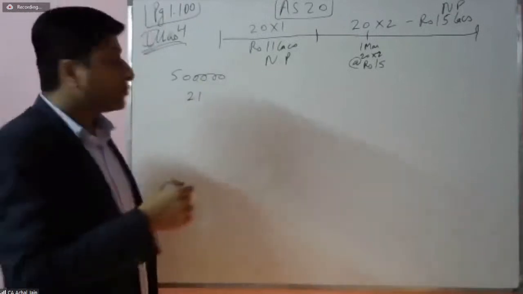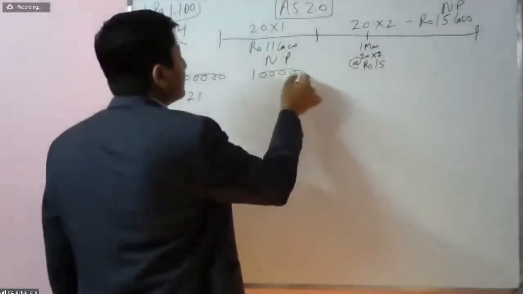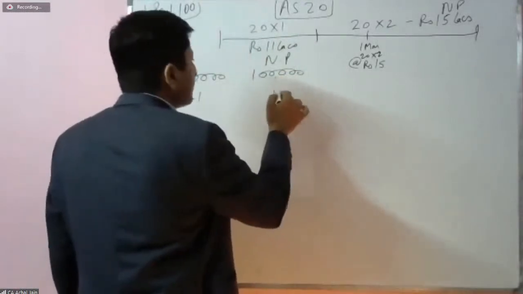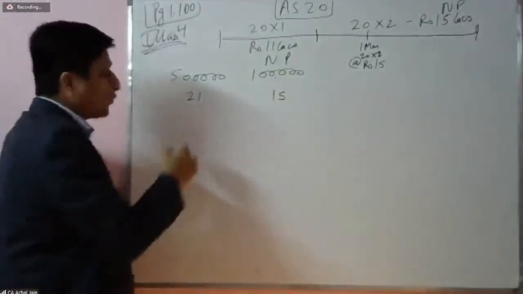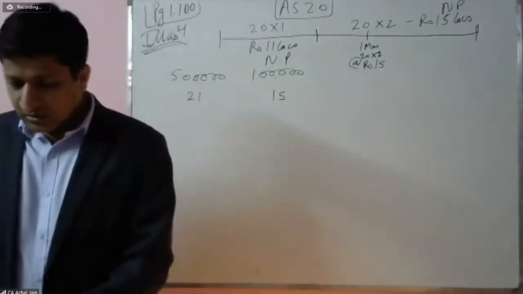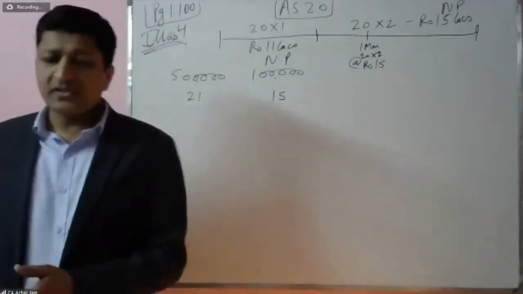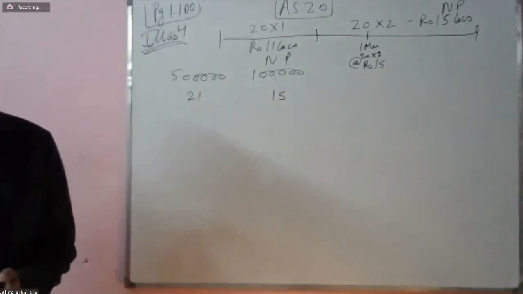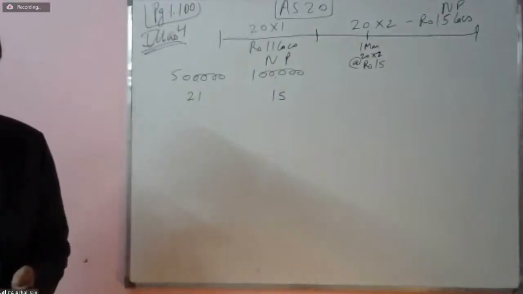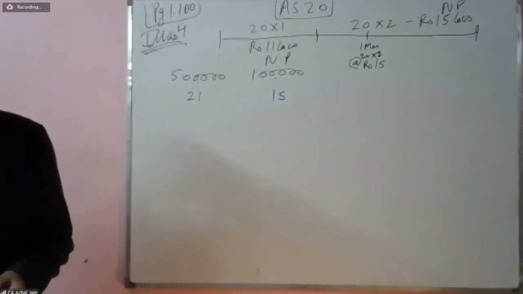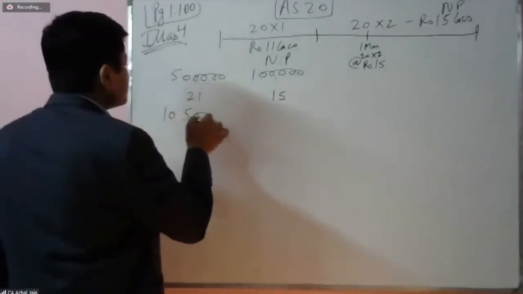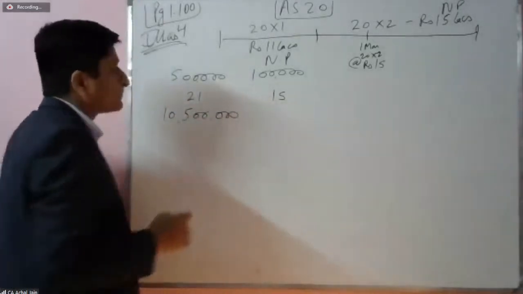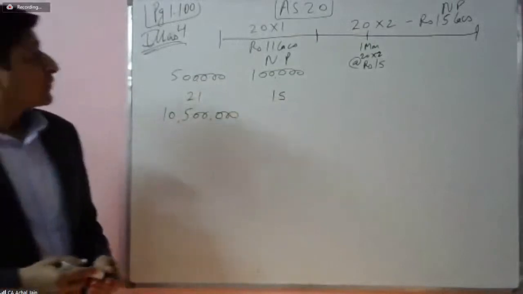And from the right issue, wherein 1 lakh shares have been issued, 15 rupees would have come. Now, what is the value? Prior to exercise of right, it was 5 lakh into 21, so this was 1 crore 5 lakh.